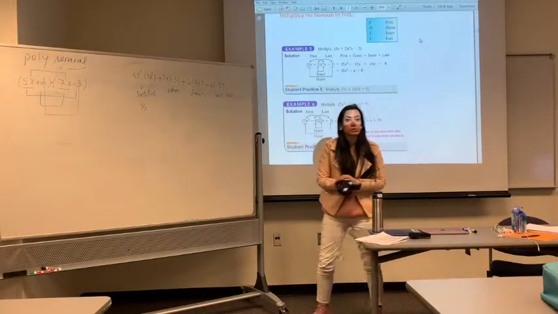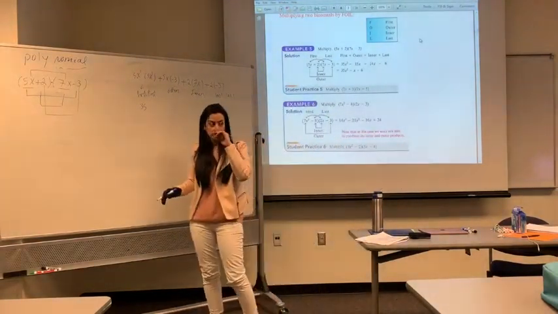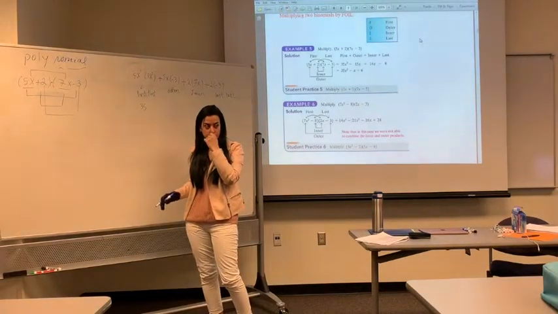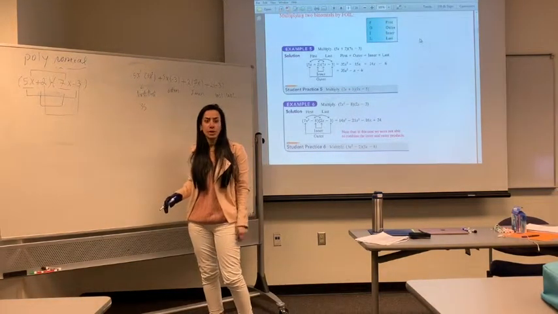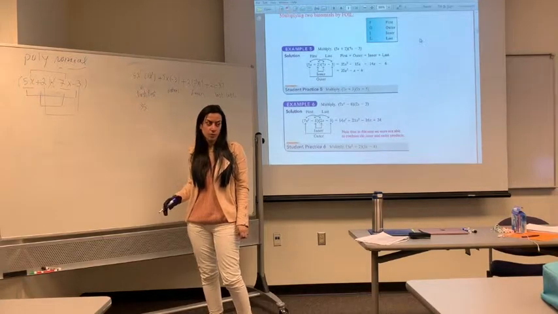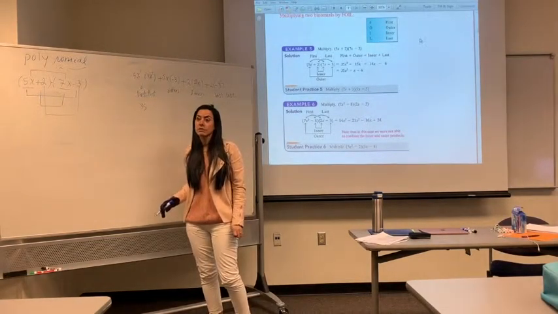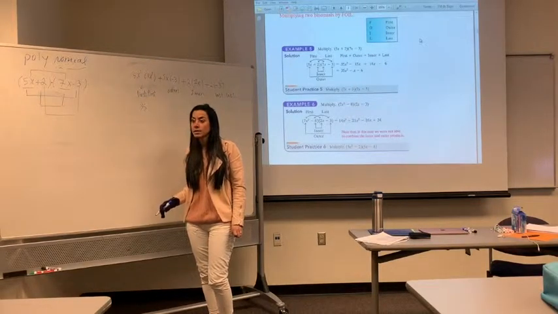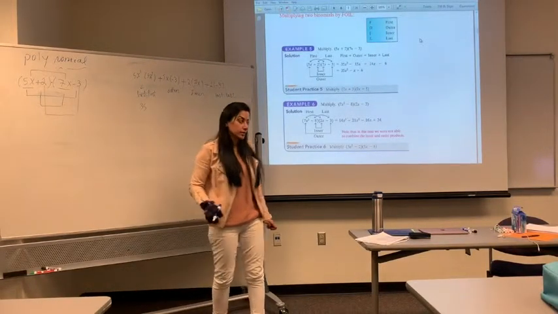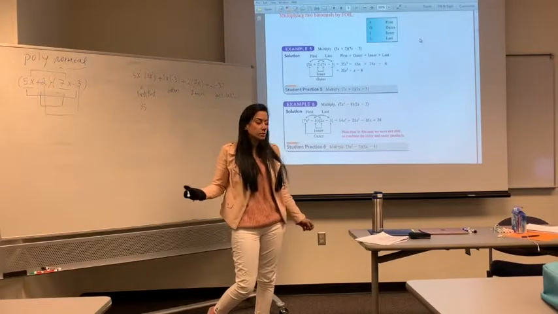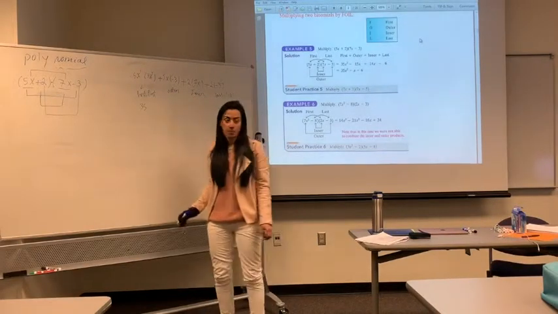Okay, good. Can you only multiply like terms? No, we don't care if they are like terms or not when we are multiplying. When we are combining them, adding, subtracting, we should pay attention to like terms, correct? Yes. Because you just combine the like terms. But if you are multiplying, it doesn't matter.